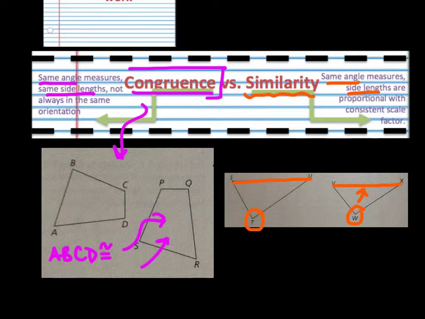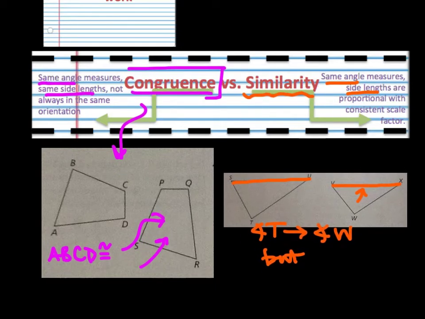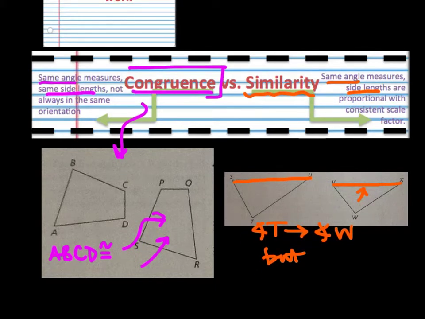So the angle measures are the same, so we could say that this angle T corresponds to angle W, but essentially ST is not congruent to VX.